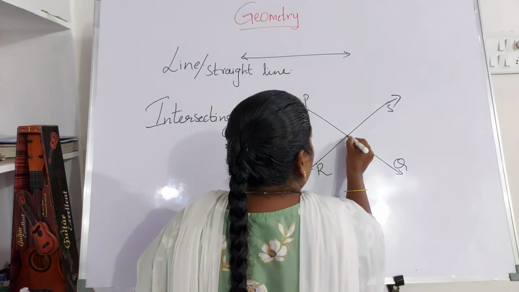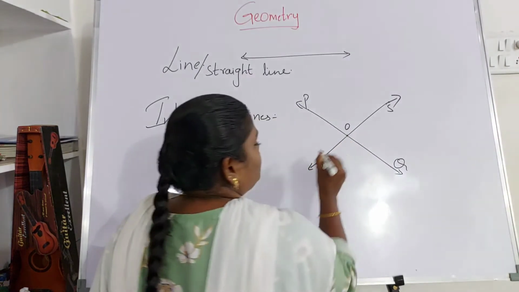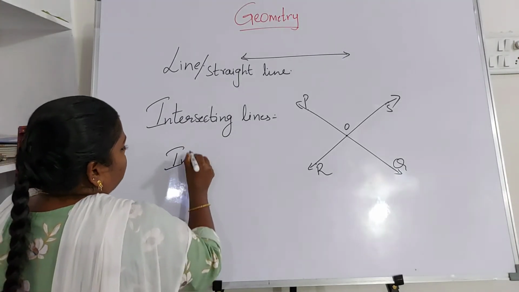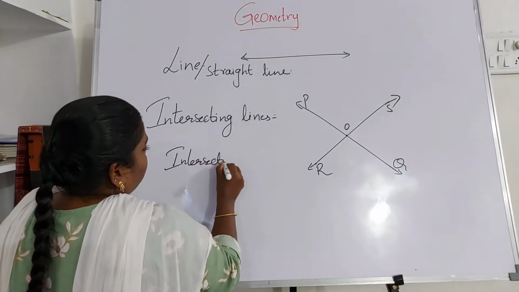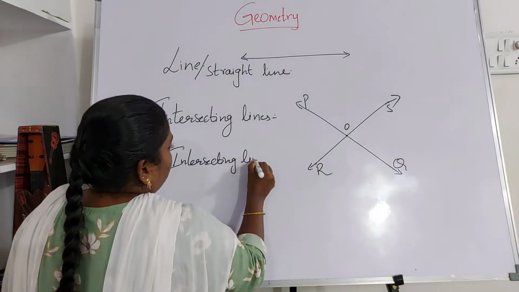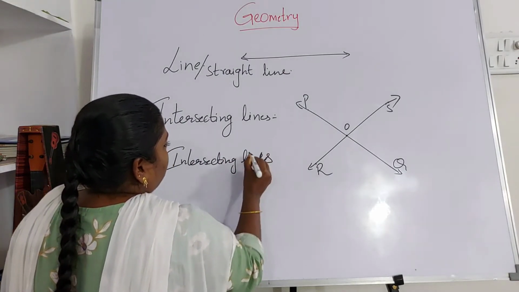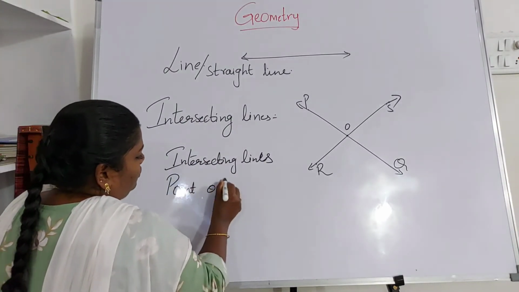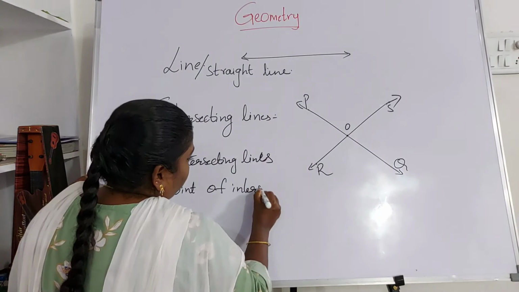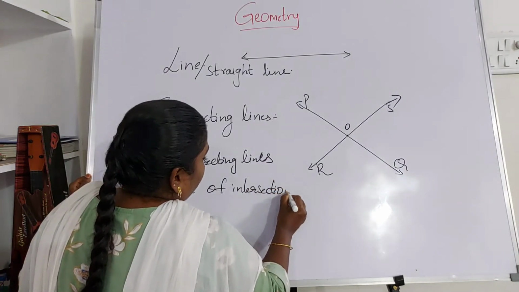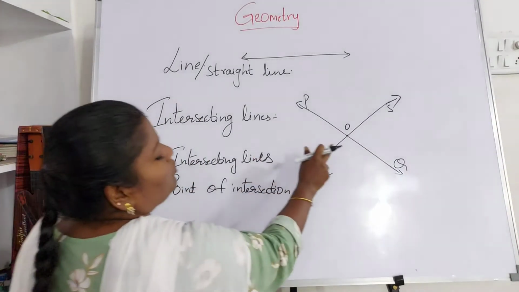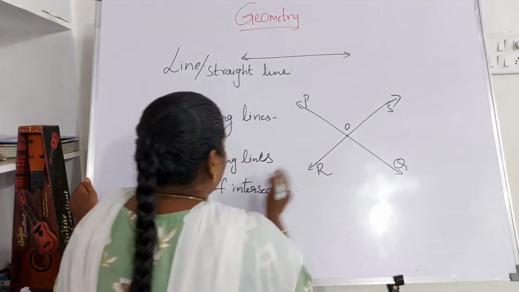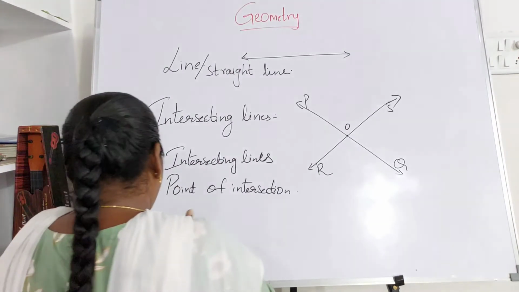Now these 2 lines are meeting at a point, so these 2 lines are called intersecting lines. And the point is called point of intersection. I repeat once again, 2 or more lines meeting at a point are called intersecting lines and the point is called point of intersection.